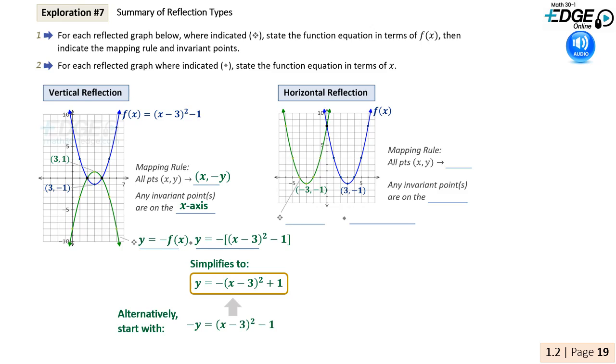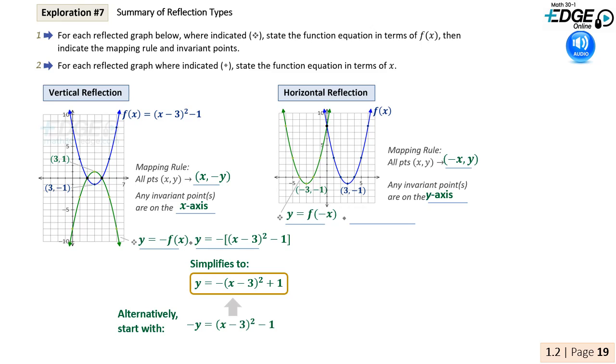Now, when we look at the horizontal reflection, which is the one in the y-axis, our mapping rule will be different. Here we'll see that the x-coordinate of each point was changed from positive to negative, meaning the invariant points are found on the y-axis.